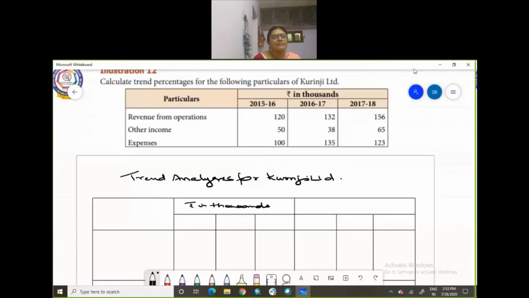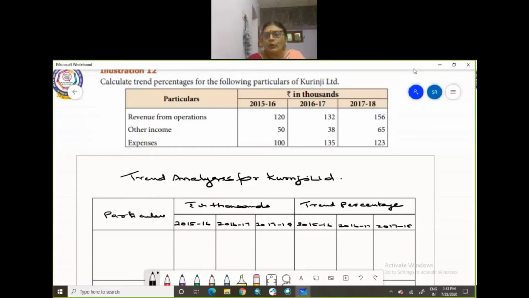The years are 2015-16, 2016-17, and 2017-18, and then you have the trend percentage for the years 2015-16, 2016-17, 2017-18. In this column, you have the particulars, and now you have the figures.